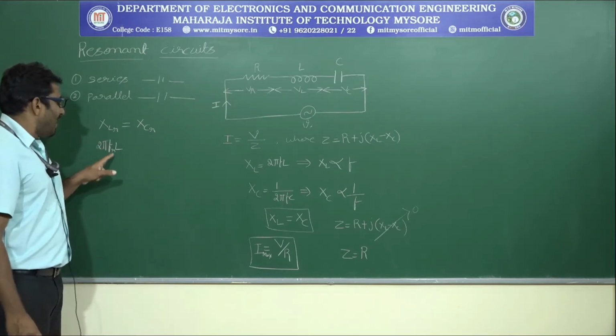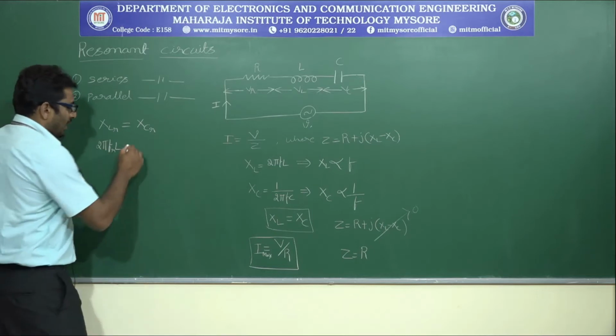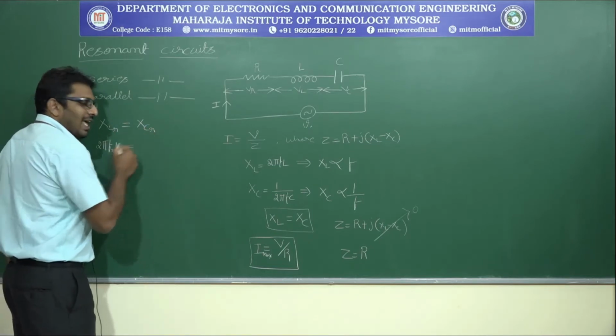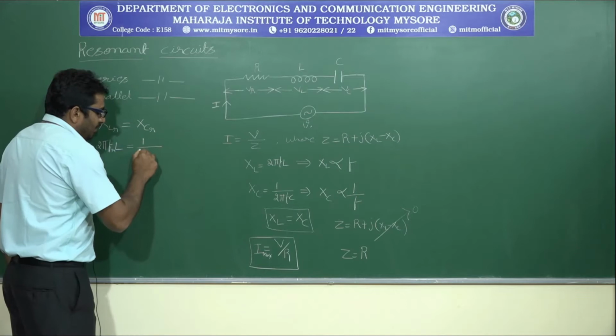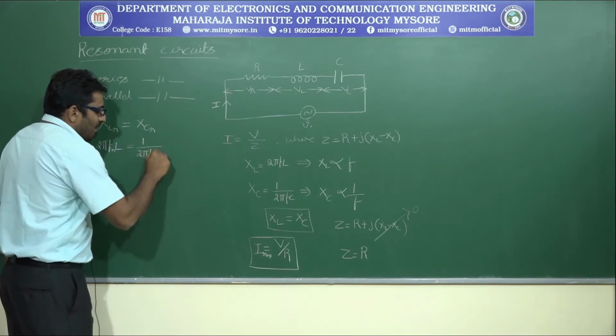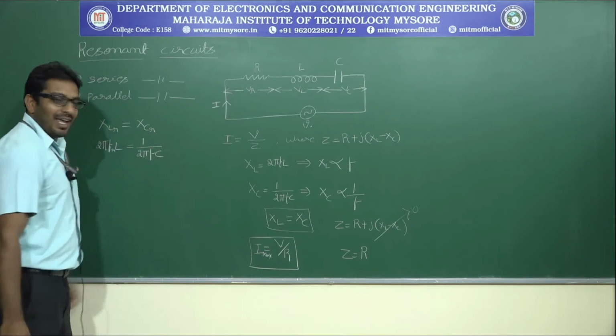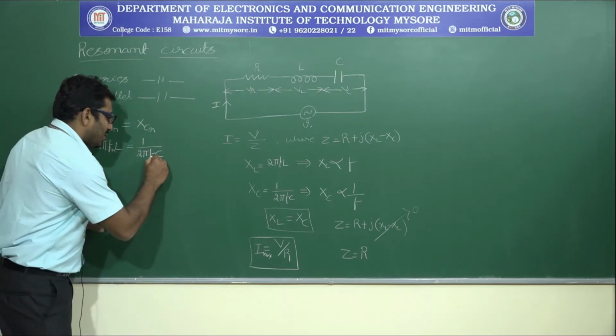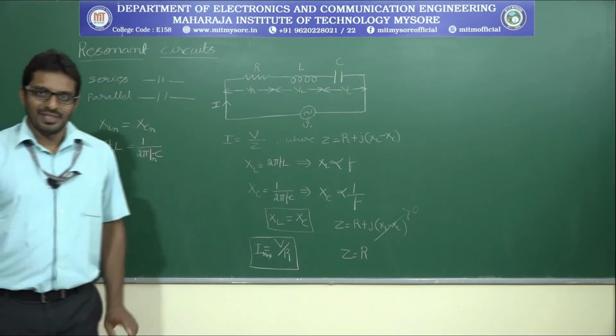That's why 2 pi FR L is equal to XC. What is XC? 1 divided by 2 pi FC. Again this R is with respect to frequency. Is it clear?